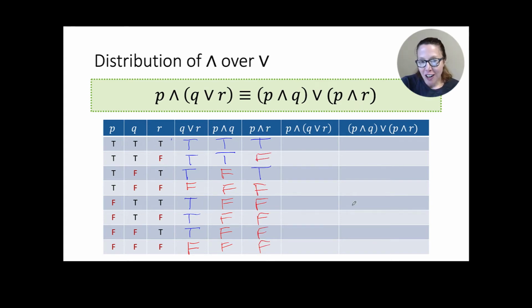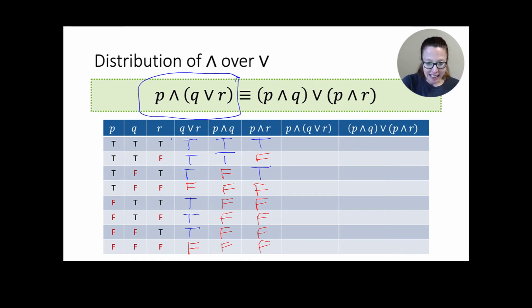Now we have all the information that we need to determine P and Q or R, and the right side as well. So first we'll look at P and that disjunction Q or R. Okay, so this is only true if both P and the disjunction Q or R is true.